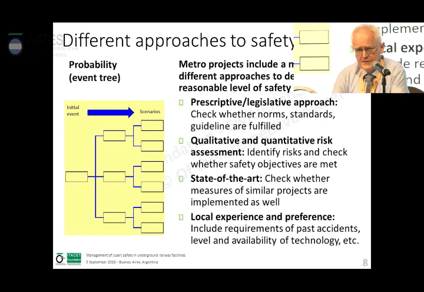So you identify the risks which are there in your metro system and check whether your safety objectives are met. You can do probabilistic calculations and so on and see, do I meet the overall safety target?